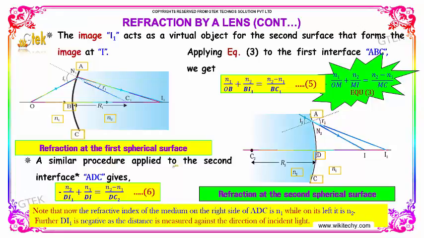A similar procedure applied to the second interface ADC, so this one indicates this one and this one indicates this one. So minus n2 divided by DI1 plus n1 divided by DI is equal to (n2 minus n1) divided by DC2.